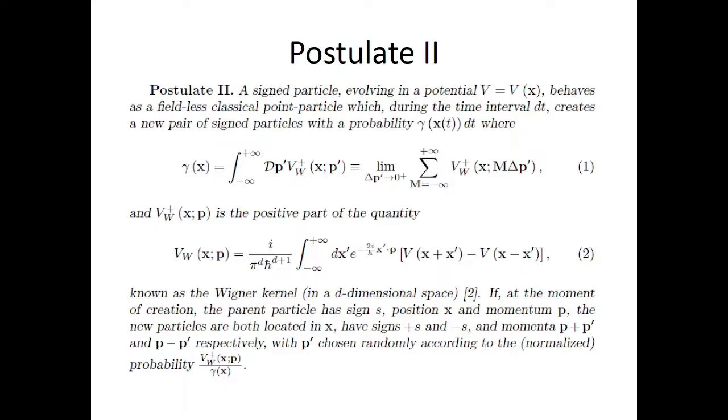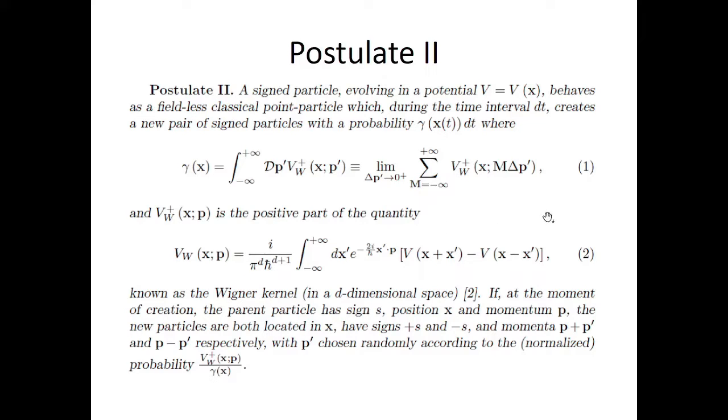Then the probability of creating this new pair of sign particles is going to be provided by this function that you see here, gamma of x, that is dependent on another function that is V_W, which is called the Wigner kernel, and which can be computed according to formula 2 that you see here.